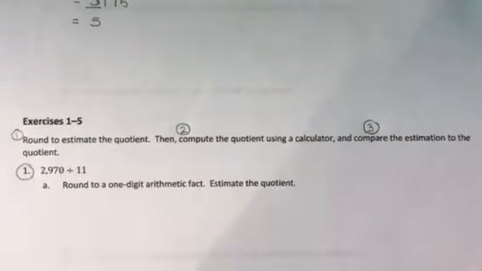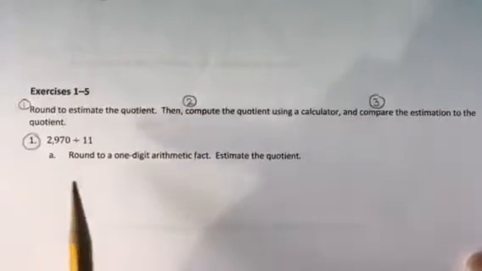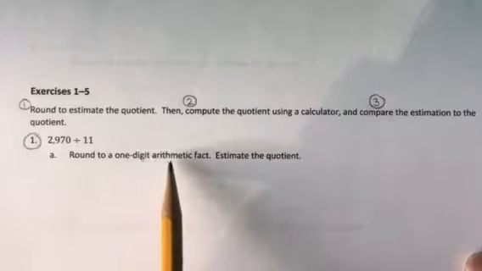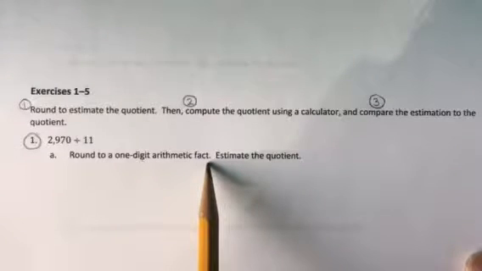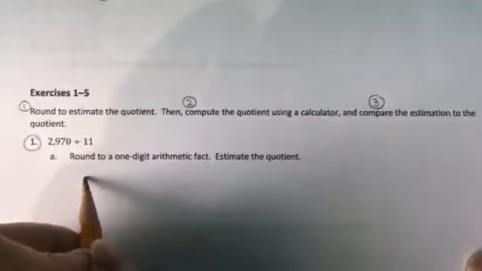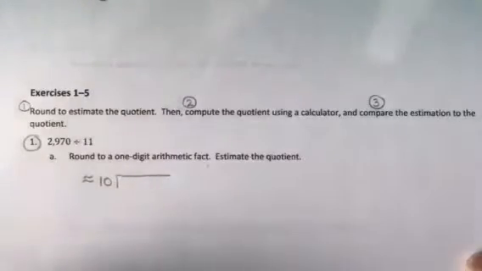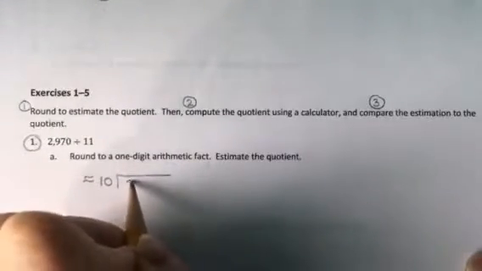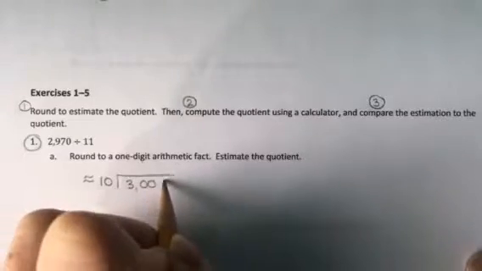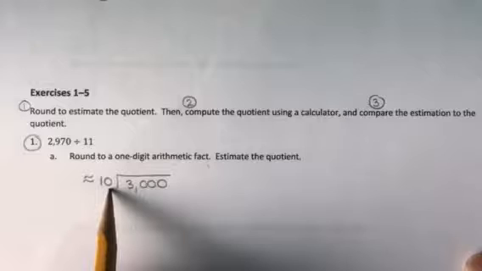So for number 1, we have 2,970 divided by 11. Round to a one-digit arithmetic fact. In other words, we are trying to do a single-digit division problem. So I'm going to start out by rounding 11 to 10 and 2,970 to 3,000. This is a double-digit division, and I need to get it to a single-digit division.